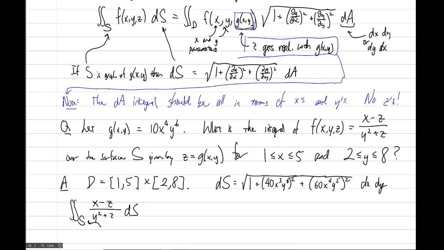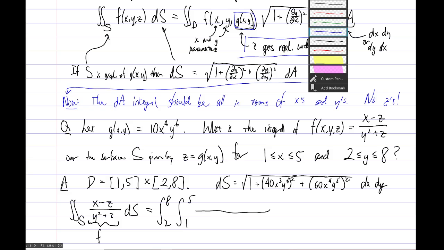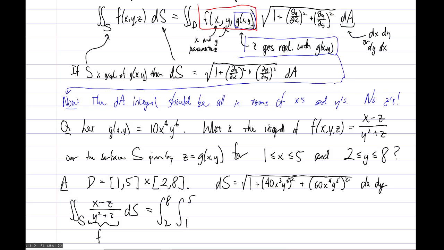This fraction, of course lowercase f, is going to become an integral over D, and if it's dx dy, then y is on the outside, so y going from 2 to 8, integral x going from 1 to 5. Now we need to replace, so we've got to do this. Oh, I'm running out of colors. How about this? We need f of x comma y comma g of x comma y.